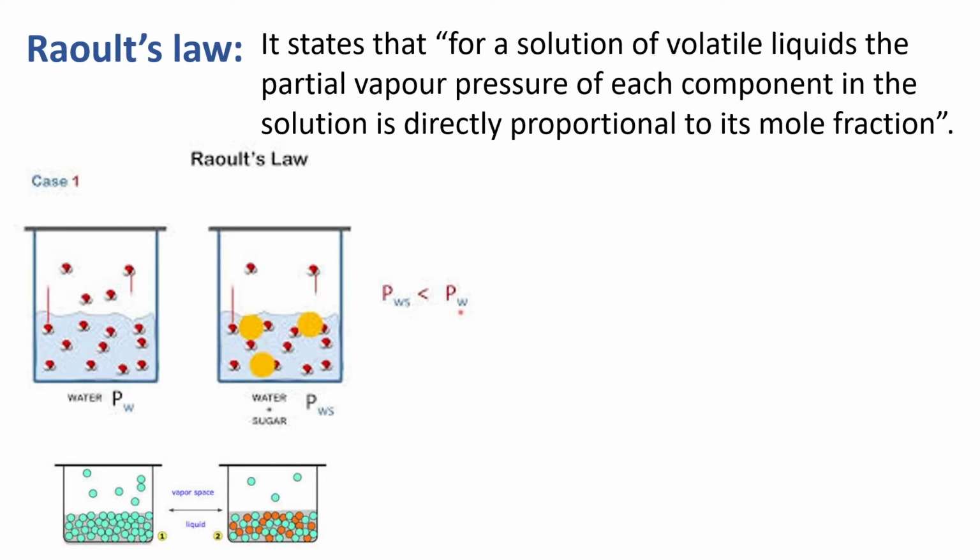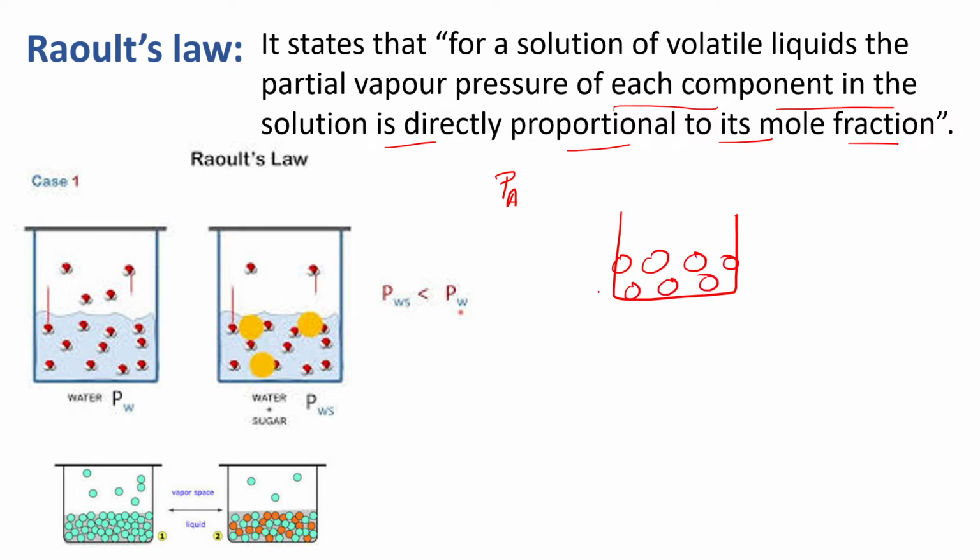Raoult's law states that for a solution of volatile liquids, the partial vapor pressure of each component in the solution is directly proportional to its mole fraction. Let's say in the solution you have two solvents.